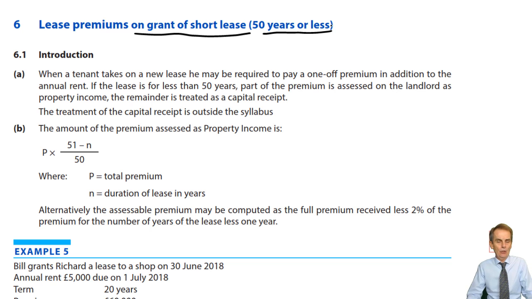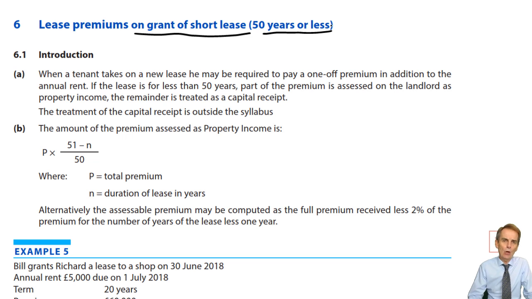The idea is, as I think we mentioned at the very beginning of this chapter, that when an individual lessor, the person who owns that lease, grants a lease to a lessee, this is normally on a commercial building that we're talking in terms of rather than residential, which has been the focus of our property income studies so far.